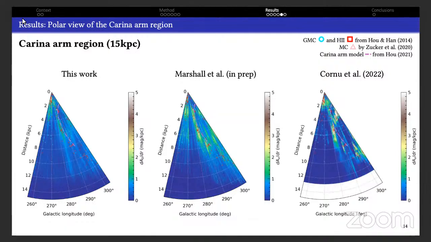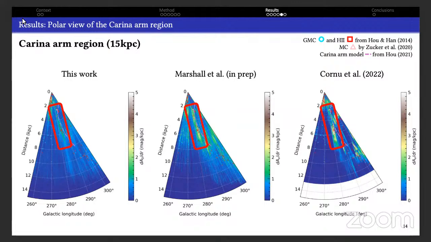So these are the results up to 15 kiloparsecs. And here you can observe first that we retrieve structures that correspond to the tangency of the Carina arm. It matches quite well with some tracers like HII regions and giant molecular clouds.